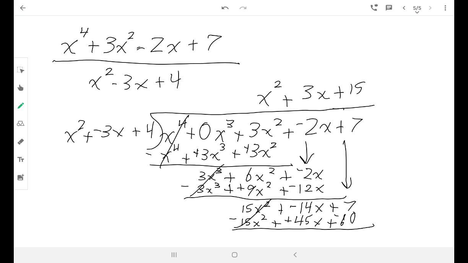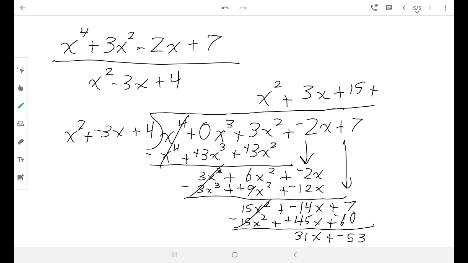That's how I designed it. And then we've got negative 14 plus 45 with an x next to it. That's 45 minus 14, which sounds to me like 31, so 31x, plus 7 plus negative 60 is a negative answer, and 60 minus 7 is 53.